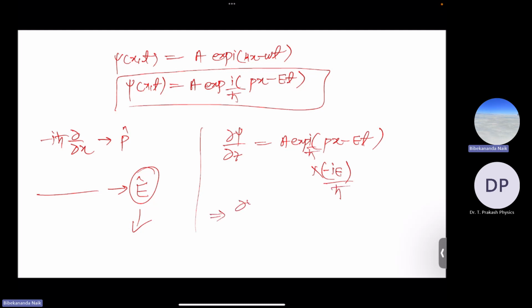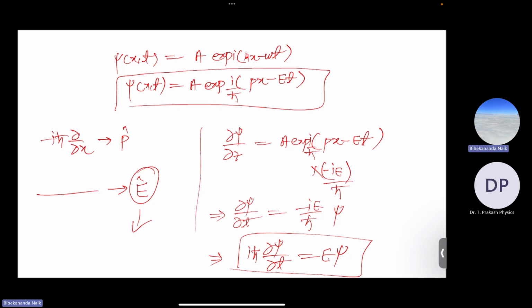So if you see, del psi by del t is minus iE by h cross into psi, is it not? Then i h cross del psi by del t will be E psi.